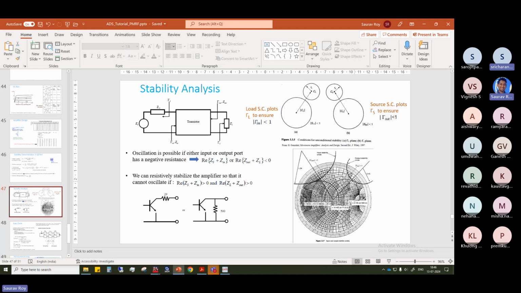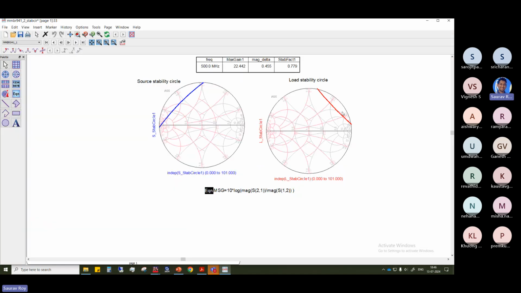So now, similar to this, we find out here. From this load stability circle, this red plot here means the admittance circle. Corresponding to our 500, you can take a marker and put it here. From here, you can find out what the corresponding admittance will be.